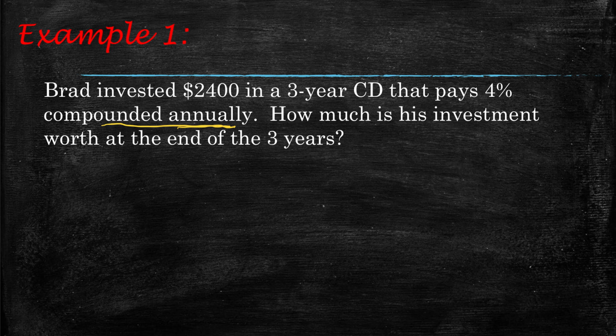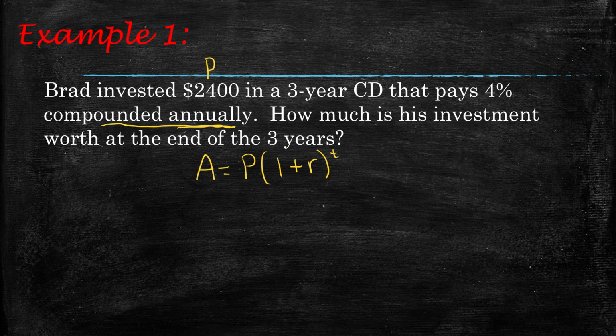And so we can use the simple interest formula, which is A equals P times 1. Since it is growing, we're going to do plus R to the T power. Now, P is the present amount or the principal that you're going to put in. So we're going to be putting in $2,400.